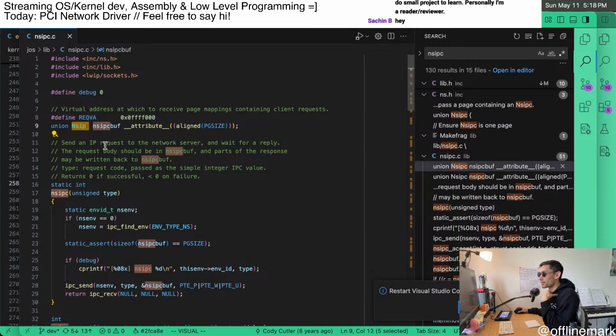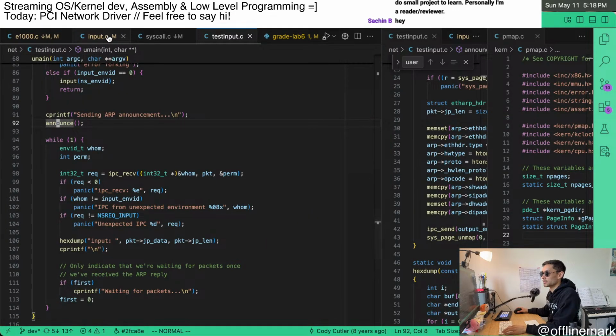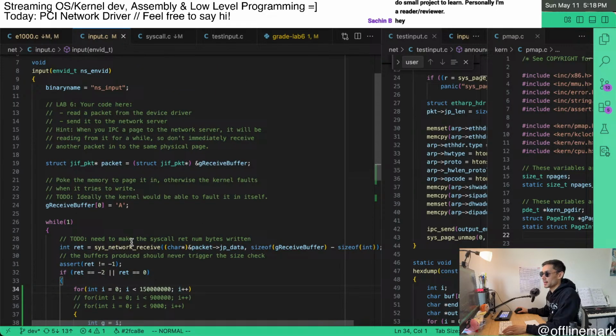I noticed one thing that I think I might be doing wrong, which is that in my version of the code, I declared my own variable for the receive buffer. So I need to pass a buffer into the system call, which the kernel is going to write to.